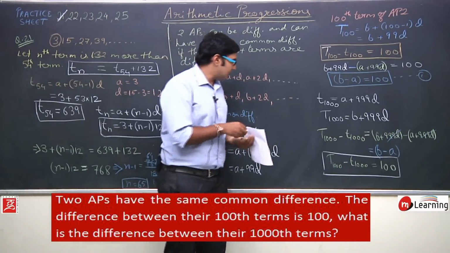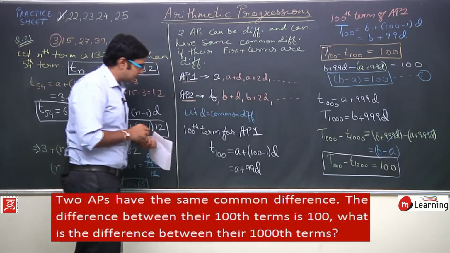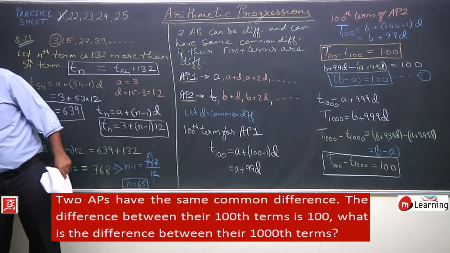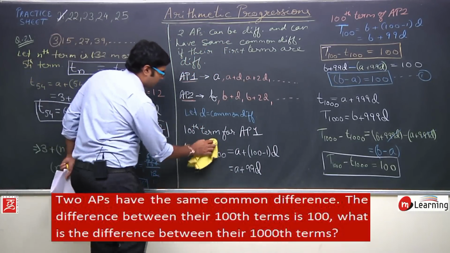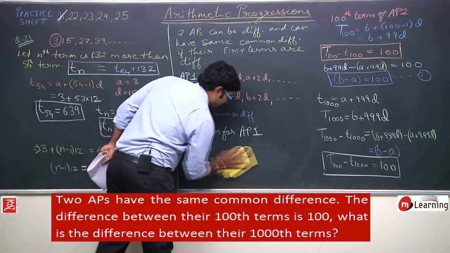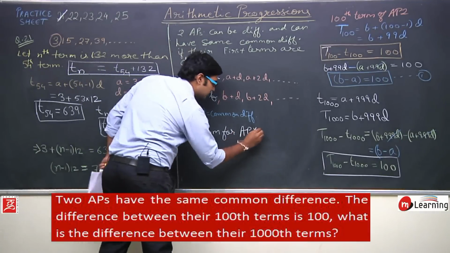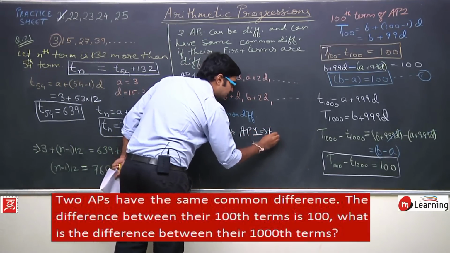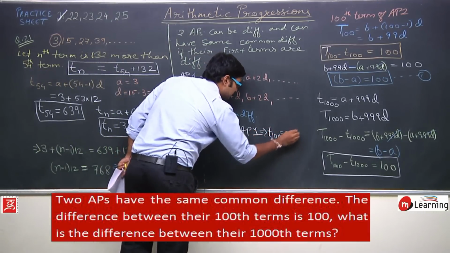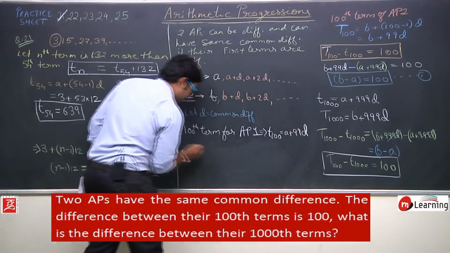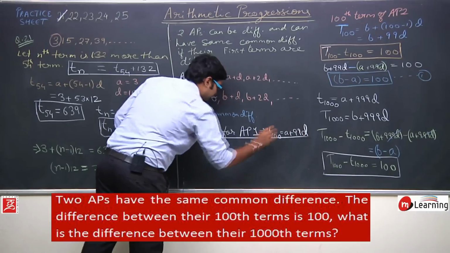What I can write is, so this was given as T100 is equal to A plus 99D. Now here I am writing a condition.